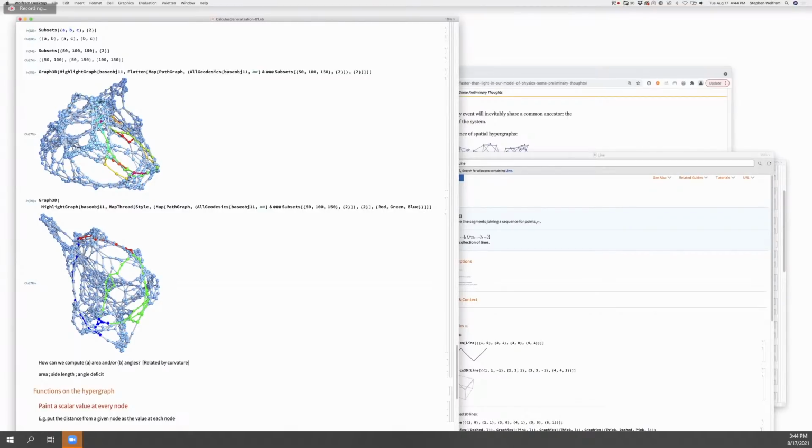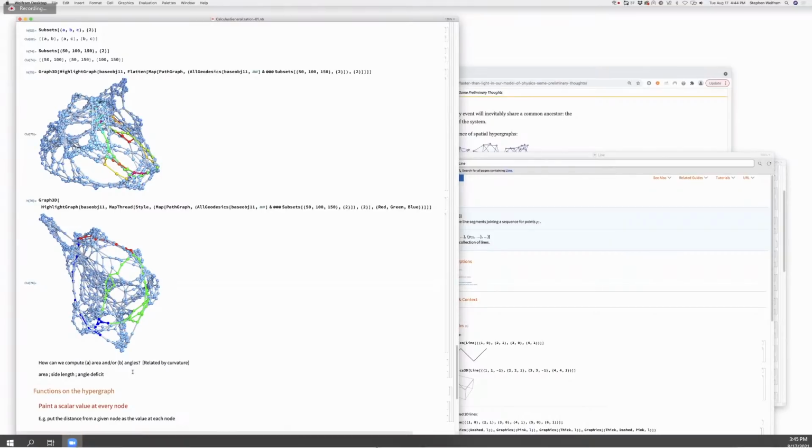Which is pi minus the sum of the angles. Okay, somebody should look up this formula. This thing directly determines the curvature. Isn't the curvature like the angle deficit divided by the area or something?